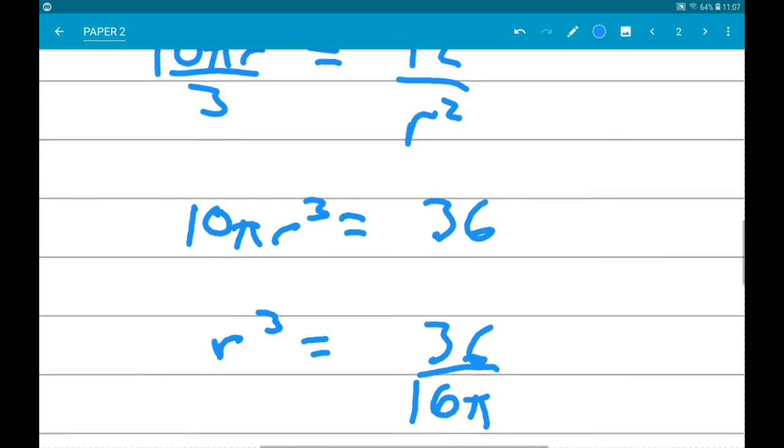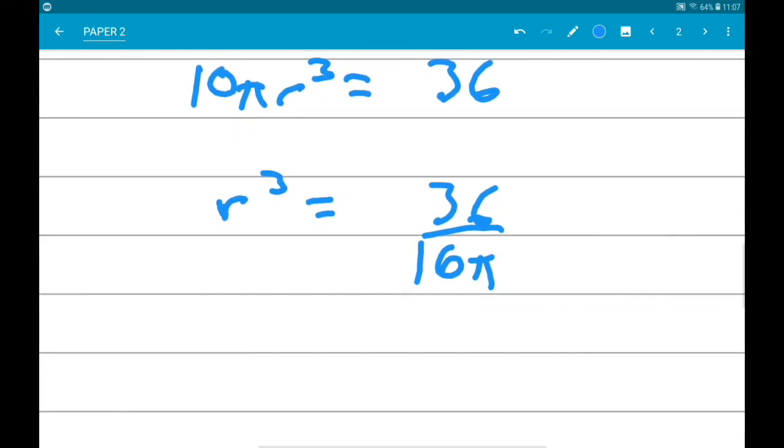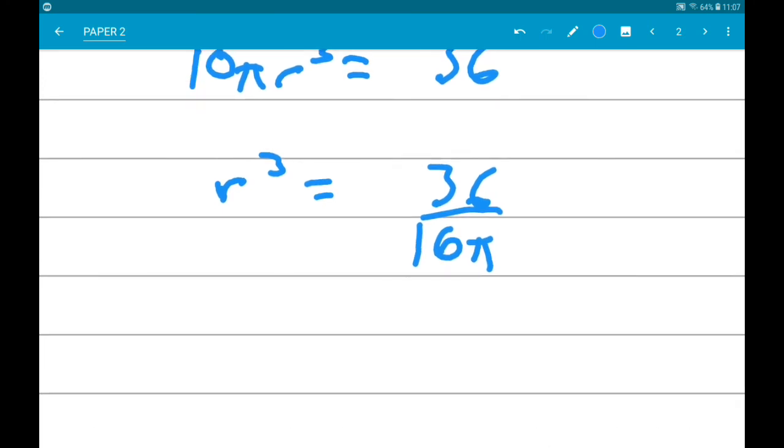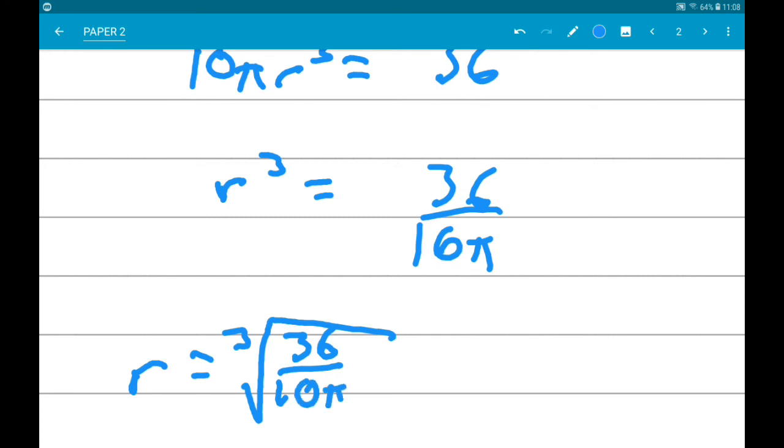So then r is the cube root of that, which to 3 sig figs is 1.05 meters.